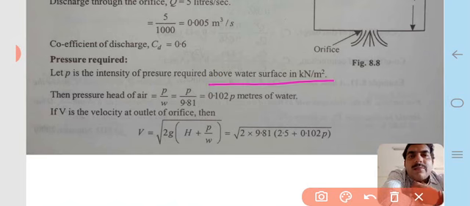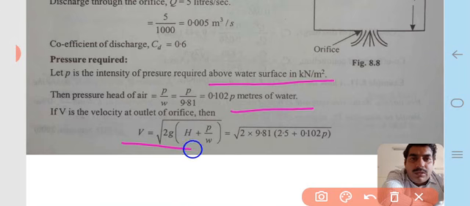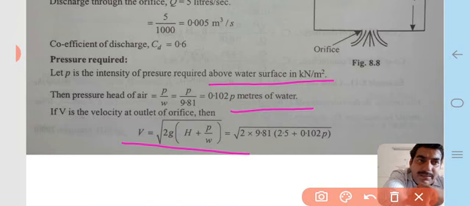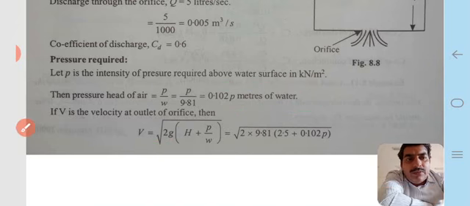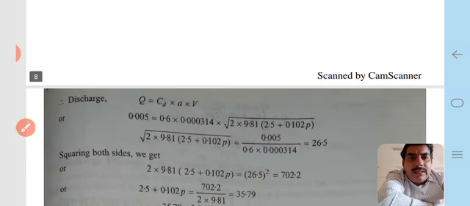Then pressure head of air is equal to P upon W, and P upon 9.81, therefore 0.102 P meters of water. If V is the velocity at outlet of orifice, therefore V is equal to under root 2g into H plus P upon W. This is the total head, and putting all the values, it can be calculated.